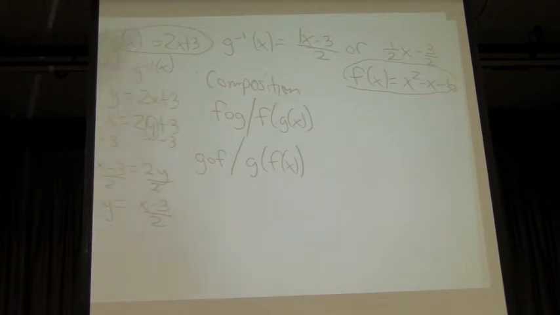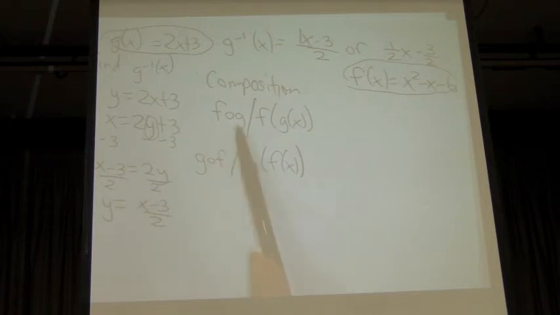So, f of g means the g function goes into f. And g of f means the f function goes into g. So f of g is going to look like f of x, because f came first.